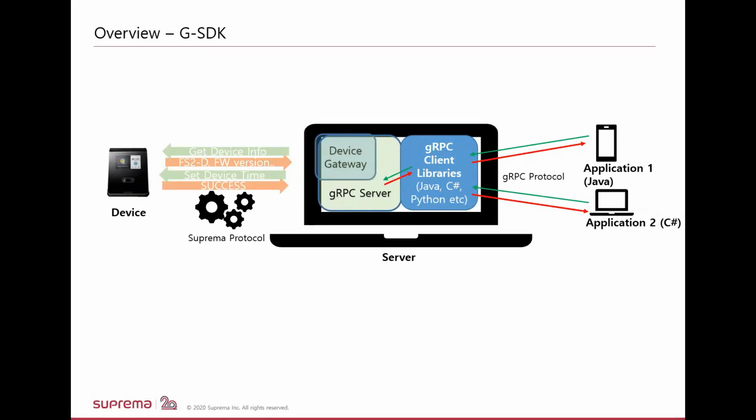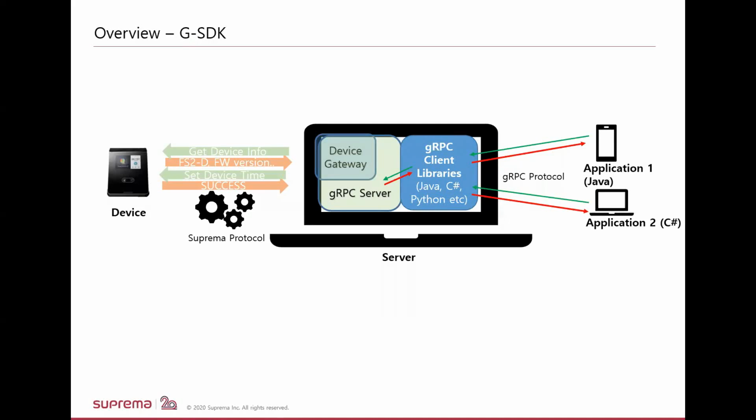So let's assume your application will send a command to retrieve device information. Your application will send the command to the gRPC server. Then the command will be sent through the device gateway to the device directly. So basically, you have one more step to send a command to the device.